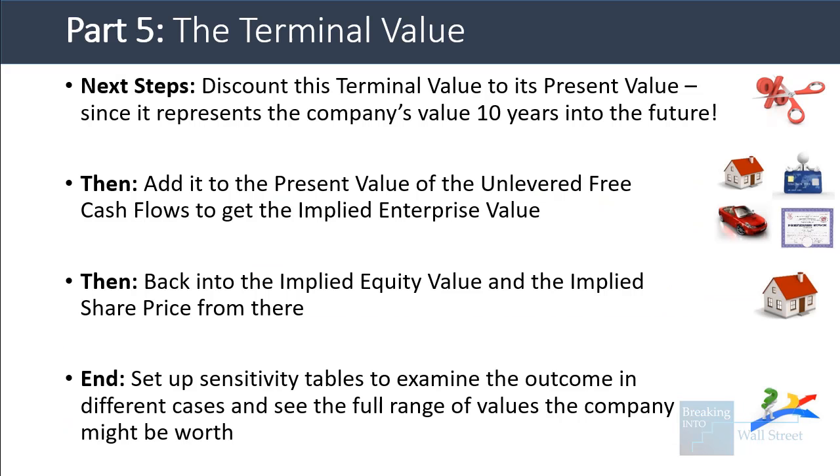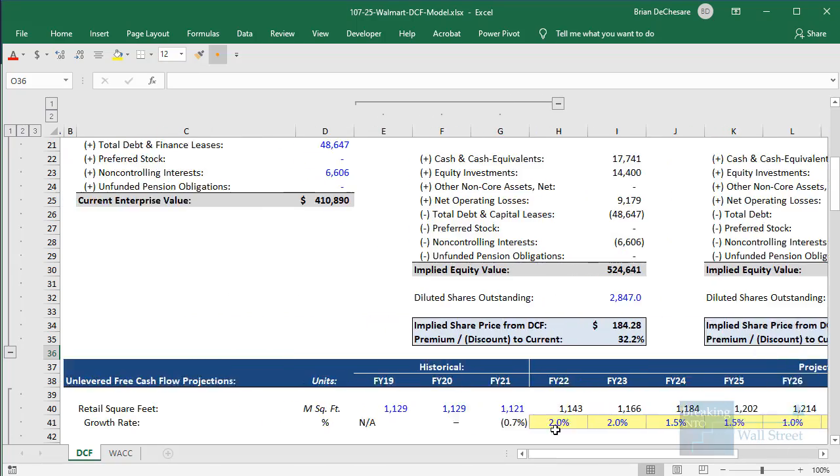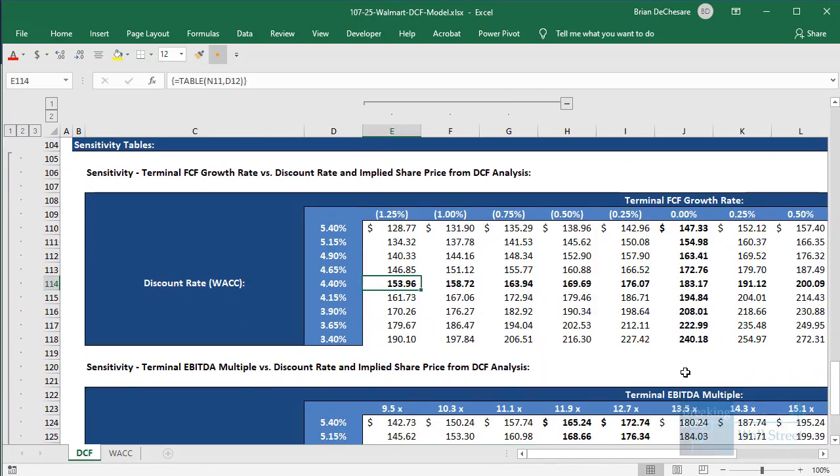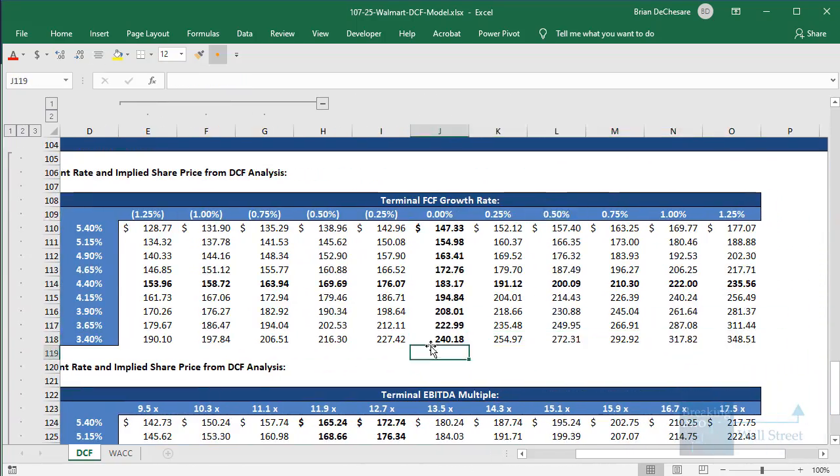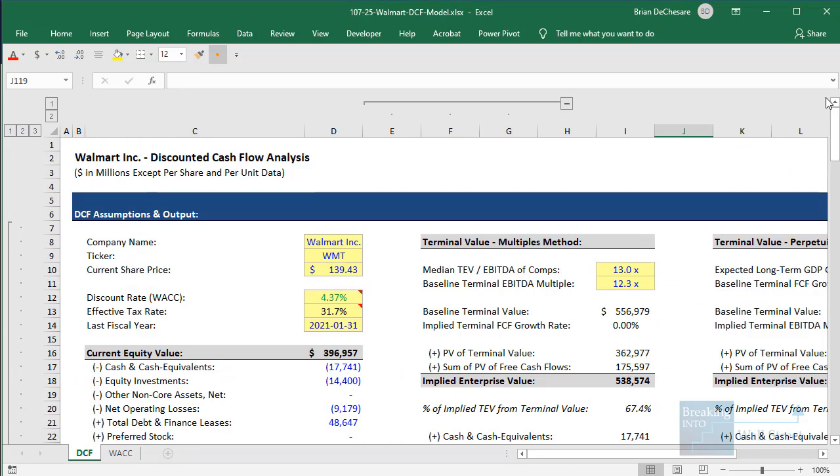Once we have that, we can then set up sensitivity tables to look at the outcome in different cases and see the full range of values the company might be worth. I've already set these up down here, and essentially these tell us that even if we assume much lower growth rates or a significantly higher discount rate, then at worst, it seems like the company might be appropriately valued right now because its share price at the time of this analysis was around $140 per share.